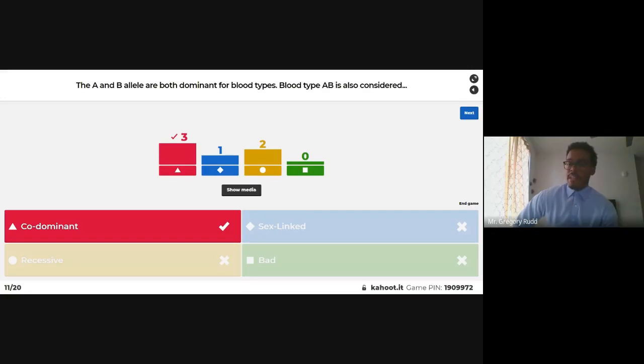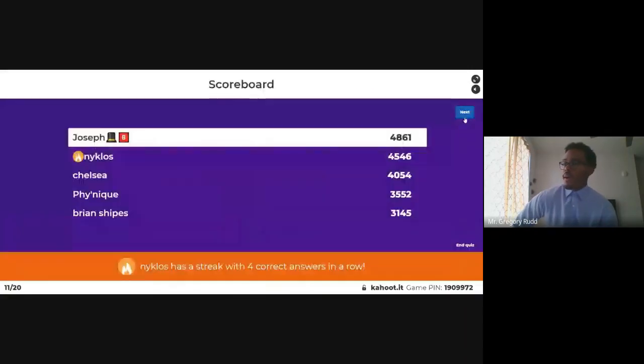Good. Neither of them is dominant to the other one. They are codominant to each other. So the person would express both A and B allele, both A and B traits.